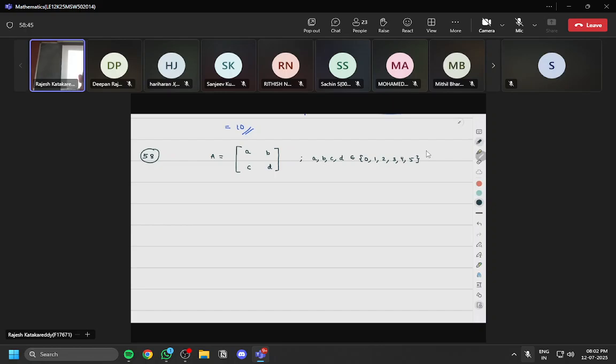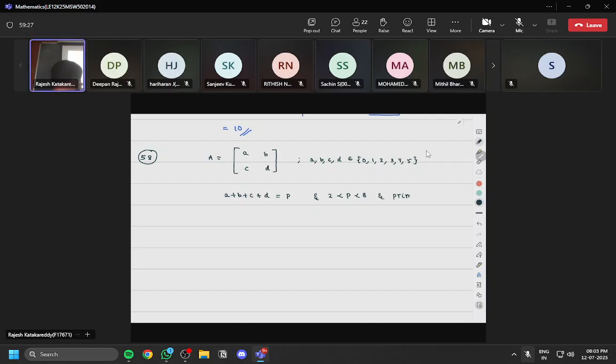We need to find the number of such matrices where a plus b plus c plus d equals P, where P is a prime lying between 2 and 8. The sum of all the elements must be P, a prime lying between 2 and 8.